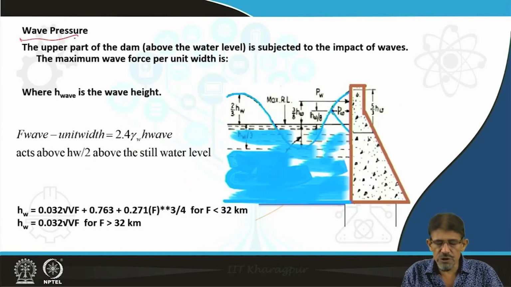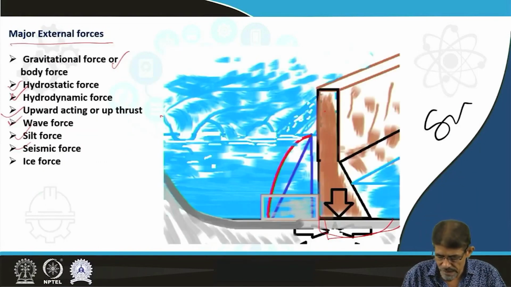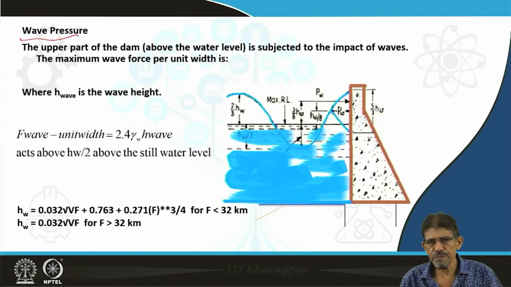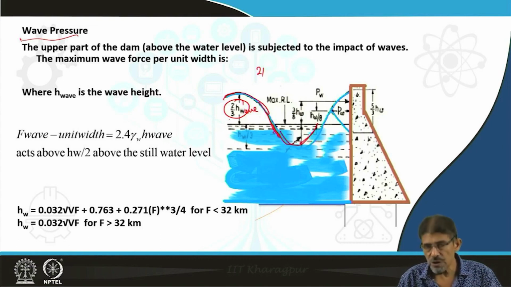Next type of force is wave pressure. Friends, you all know that when water interacts with wind, there is a generation of waves. The upper portion is 2 by 3 times the height of wave, and the wave portion present below the still water is 1 by 3 H wave.